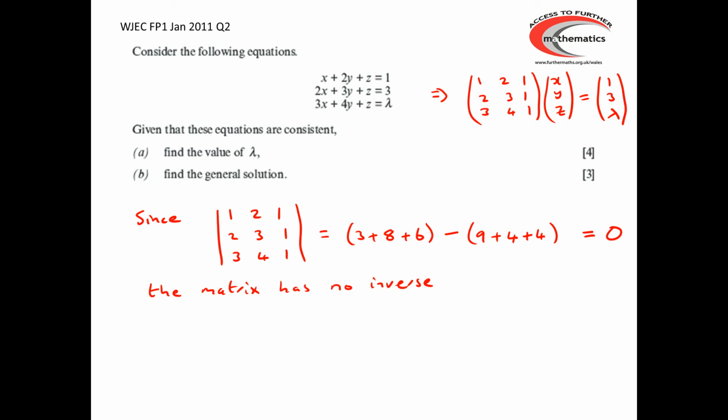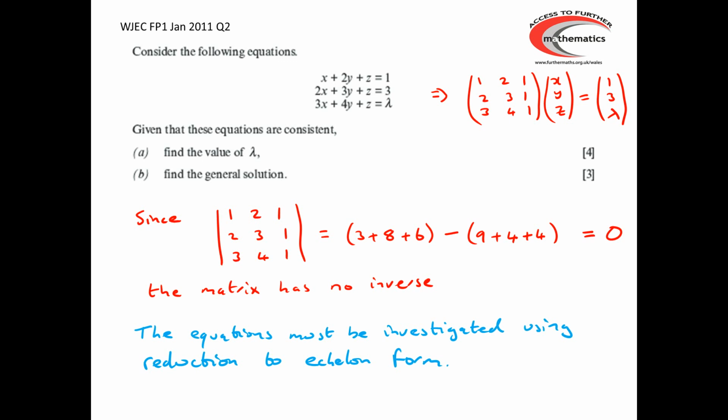When the determinant of a matrix is 0, we've got to use the reduction to echelon form to solve the equations. All of the comments that we've made so far on this question you would not need to make in answering an examination question.